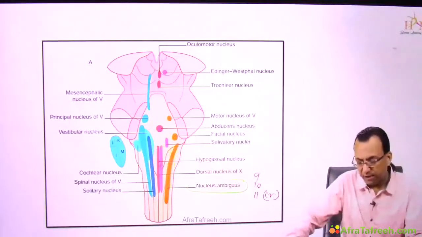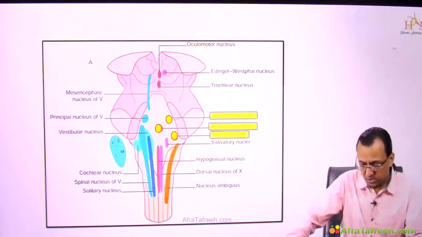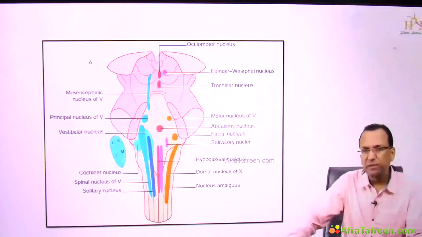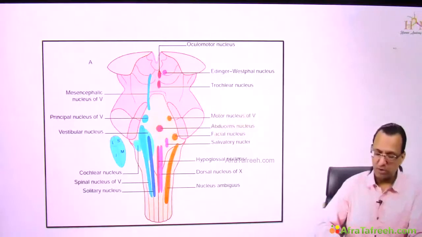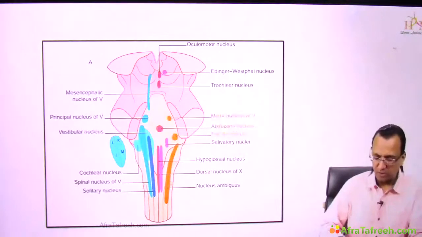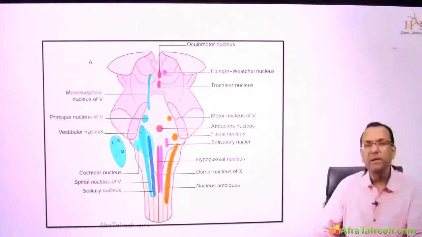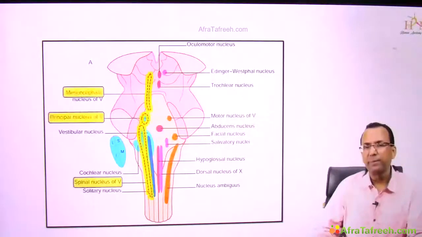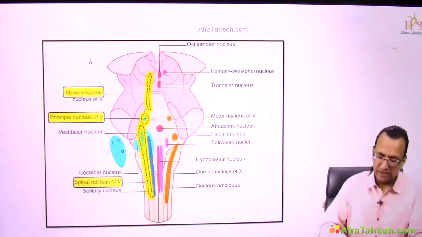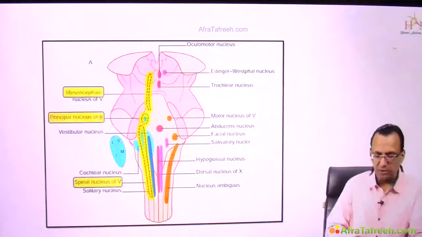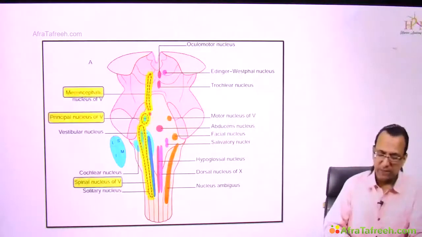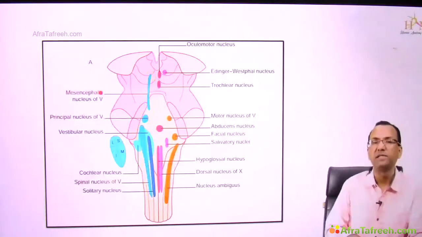Now, once you have that information, remember the number 5, 6, 7 we have told are in the pons, but not necessarily. There can be overlapping neurons. Some neurons can go up and some neurons can go down also, like you will see now in some details. Trigeminal nerve nuclei are overlapping. There is one main sensory nucleus of trigeminal in the pons, but there is a mesencephalic sensory nucleus of trigeminal going to midbrain, hence the name mesencephalic.